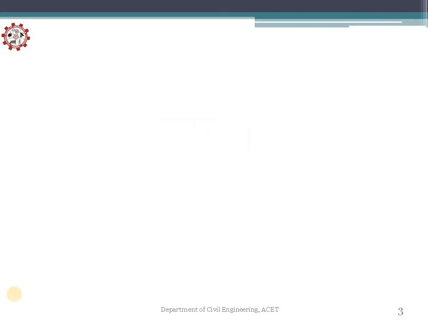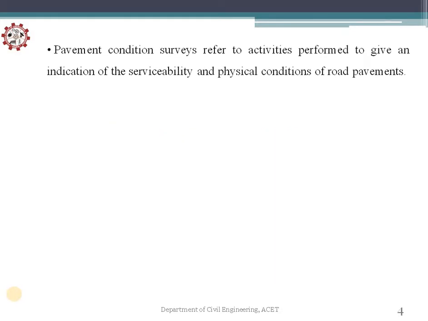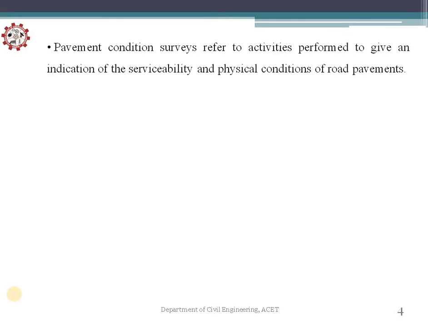So let us see what pavement condition surveys are. According to the theories, pavement condition surveys refer to activities performed to give an indication of the serviceability and physical condition of road pavements.